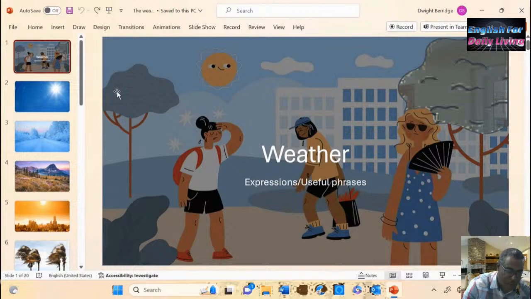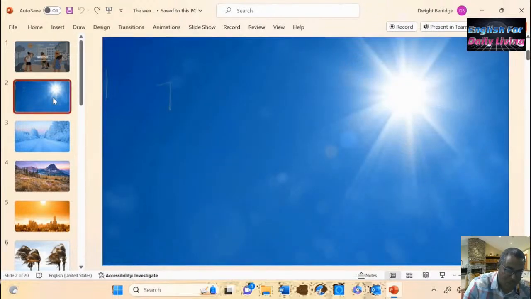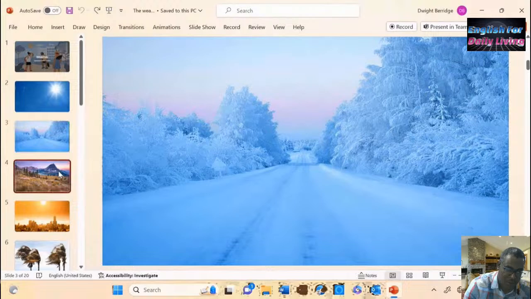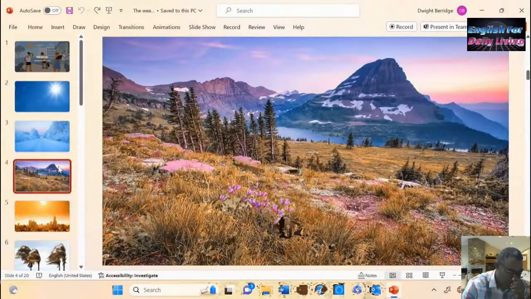Let's now look at some pictures of various weather conditions. Let's take the first one. As we look at this one, we want to be able to describe the weather condition. Then we move to our next slide. Some of these are places in various countries around the world.